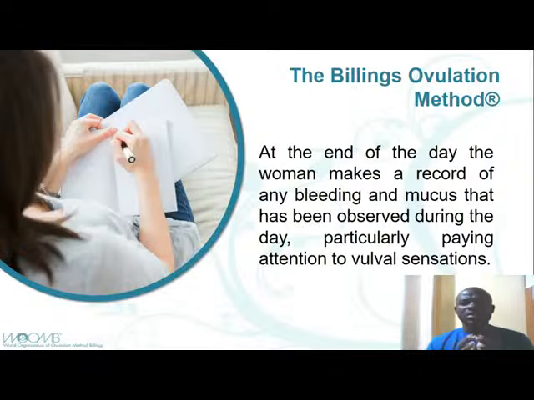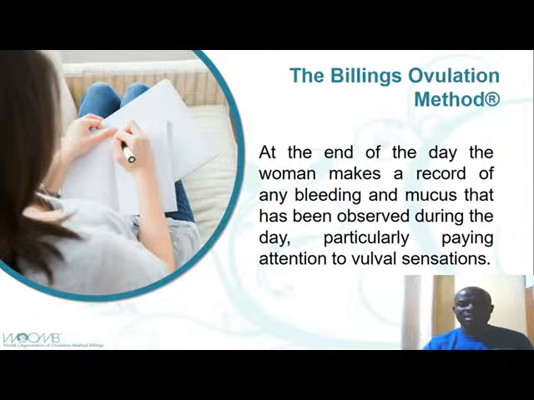We normally tell the couples or women, you need to chart during evening. And I normally ask, when I talk about evening, what do you understand about evening? Some will say it's at 6, at 7, at 8, at 9. But when I'm talking about evening, it means the time that you go to bed after ascertaining the observation you've made.